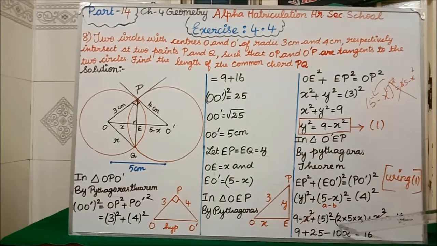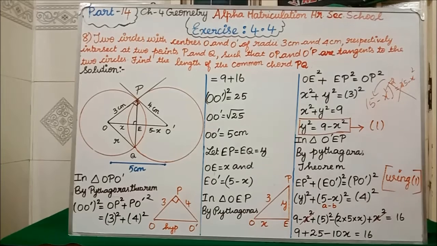So 2 into 5 into x, plus b square, which is x square, equal to 4 square, the answer is 16. Clear? So this minus x square and plus x square will get cancelled. Remaining is 9. Here 5 square is 25. 2 fives are 10, into x is 10x, minus 10x equal to 16.